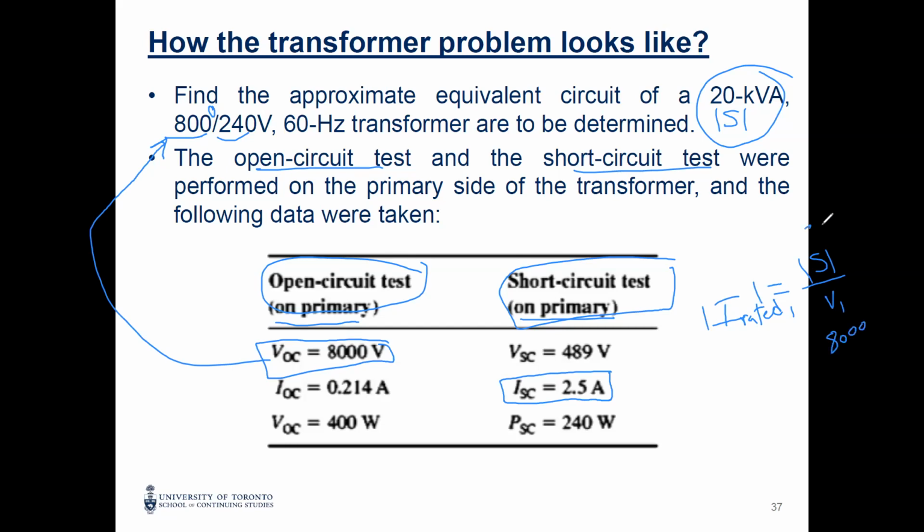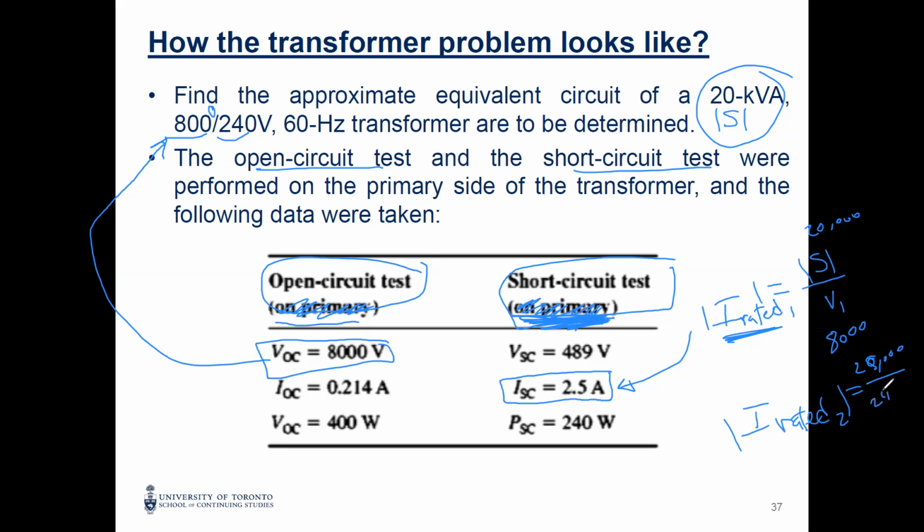You can test it. The S is 20,000. If it's this, then the test is, as they said, on the primary or the high voltage side. In the exam, they don't say this, but you can get I rated 1 and I rated 2 and check which one they used.